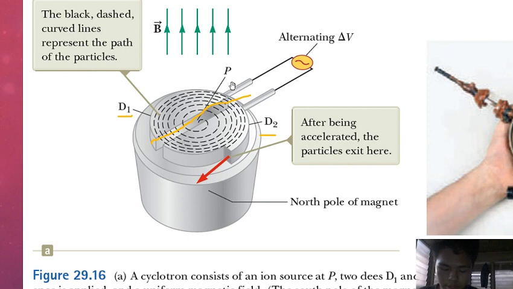So you can obtain an expression for the kinetic energy of the ion when it exits the cyclotron in terms of the radius R of the path.